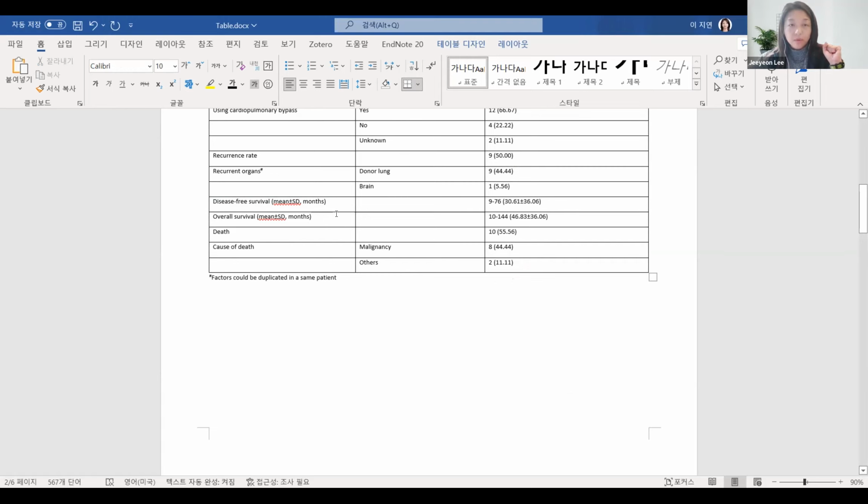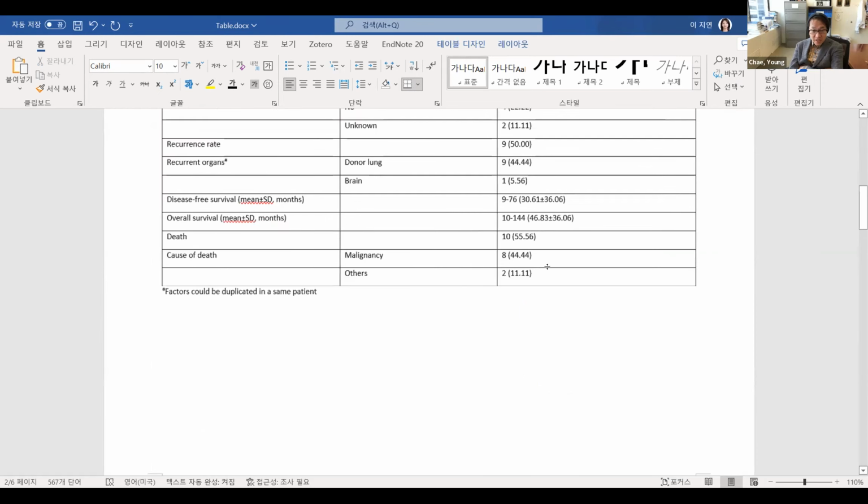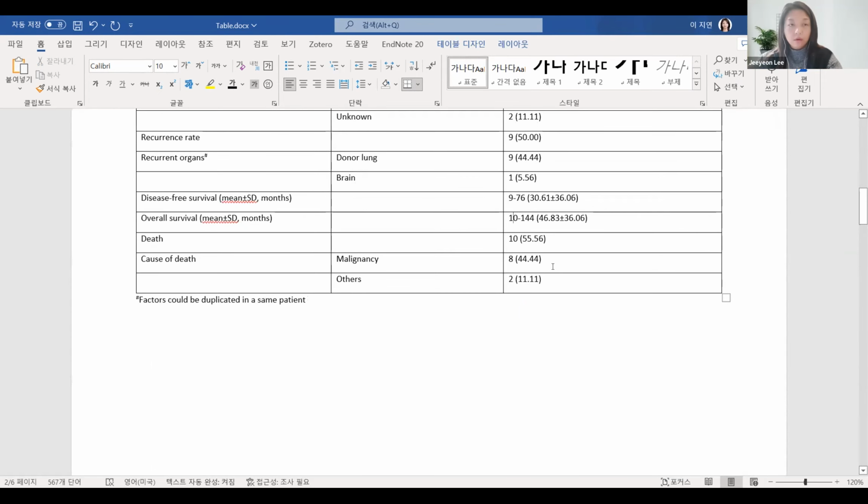And I don't know how to make this one. This is for survival. Do you want to put in the mean with the standard deviation or just range? Oh, so that's range, and is that the mean? I want to show them both, actually.